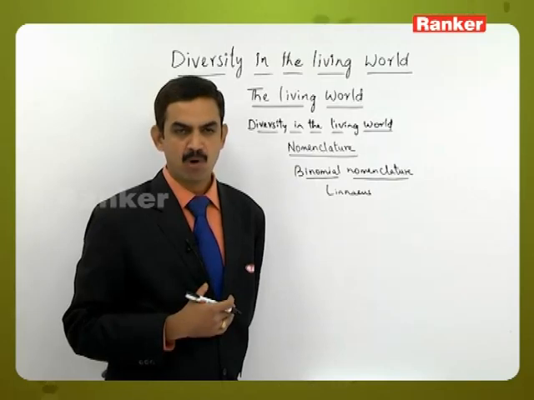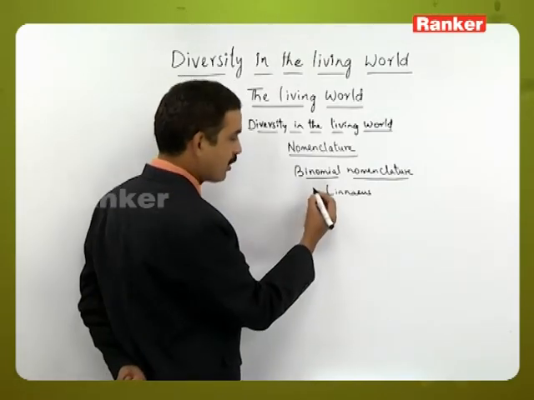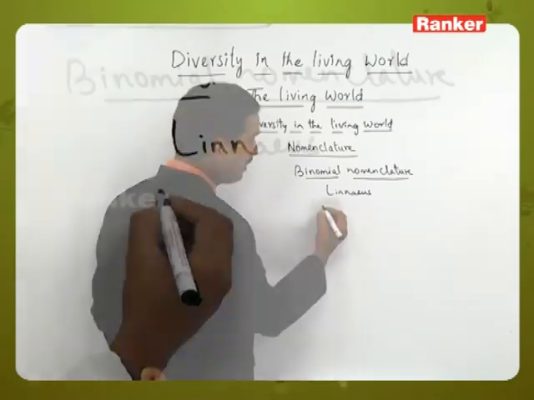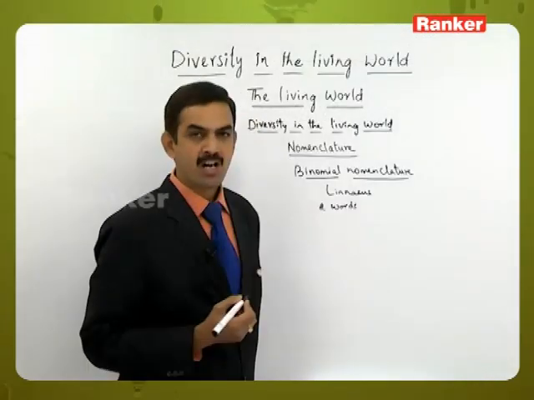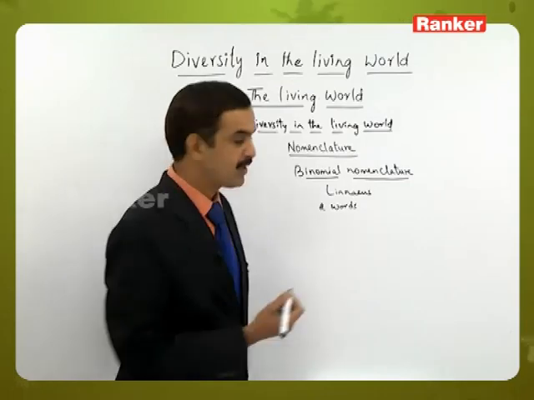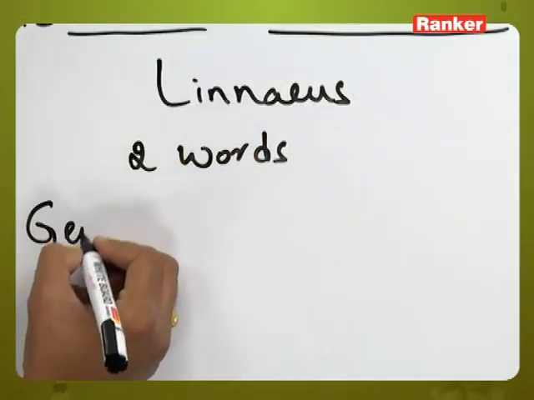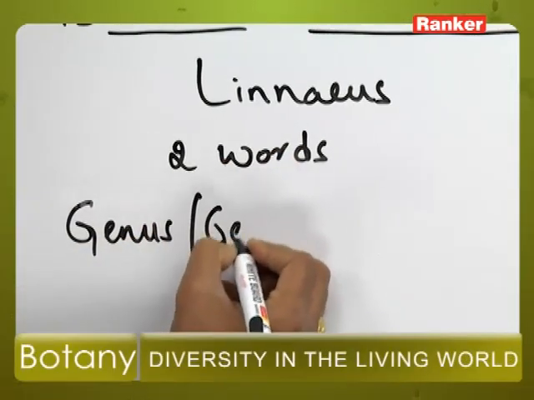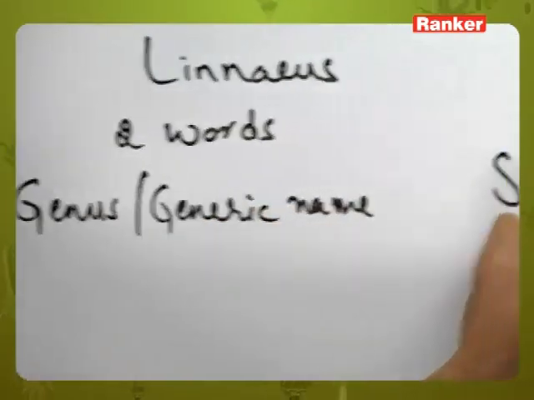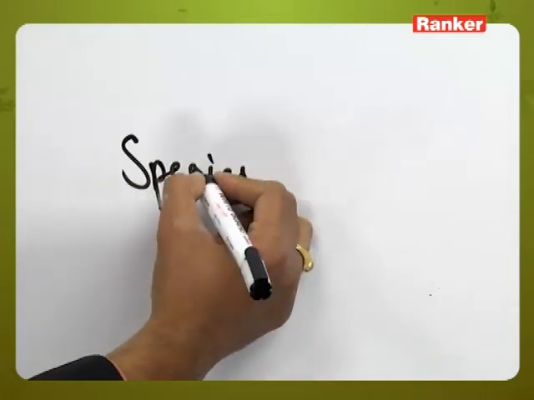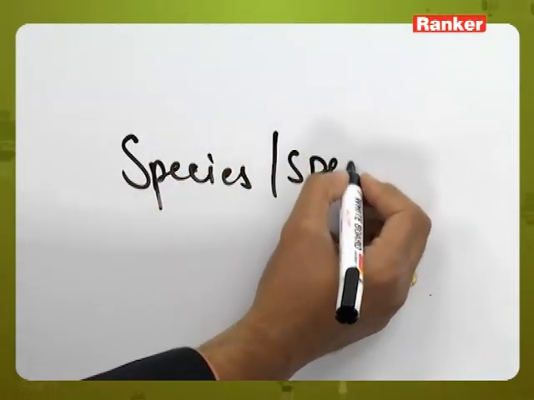This system was made popular by Linnaeus, and according to binomial nomenclature, two words are present in the scientific name or biological name of the plant. Those two words are the genus or generic name, and the second one is the species or specific epithet.